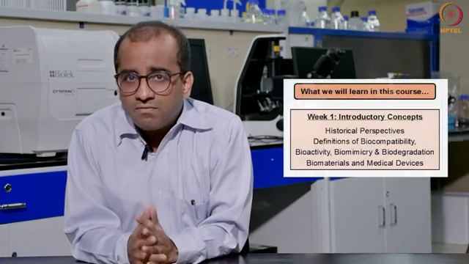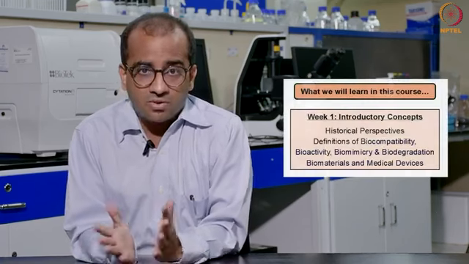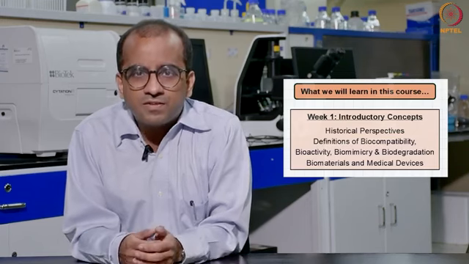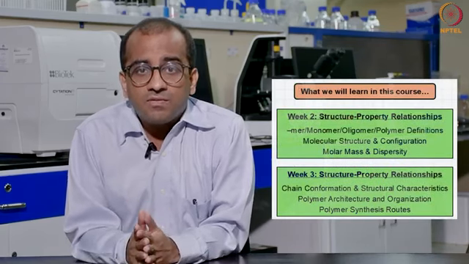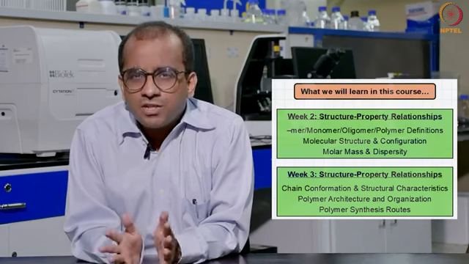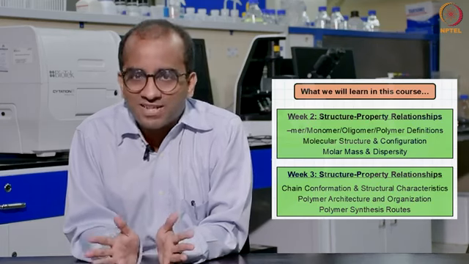More formally, this course is spread across 12 weeks and will consist of 30 to 35 lectures. In week 1, we will set the tone by looking at basic definitions that are required for the course, some historical perspectives, and how biomaterials are used as part of devices. Weeks 2 and 3 will focus on structure property relationships, essentially fundamental concepts in polymer science.